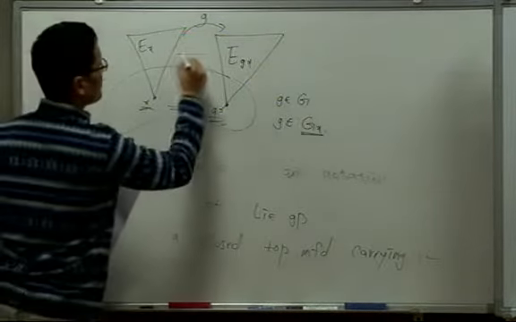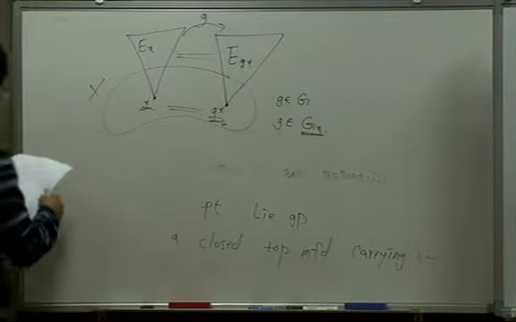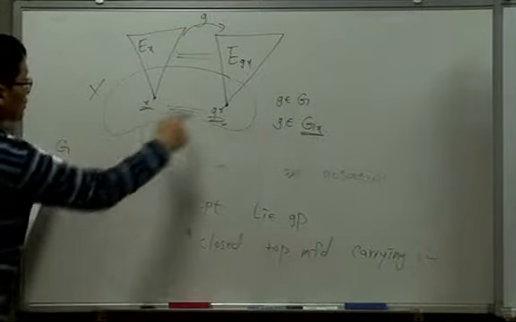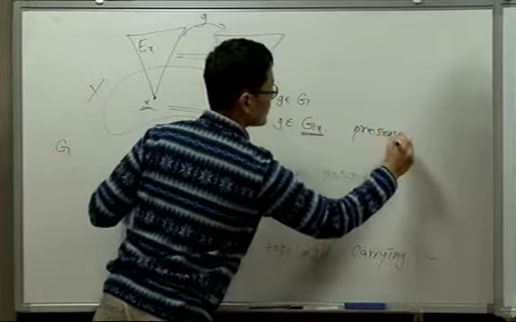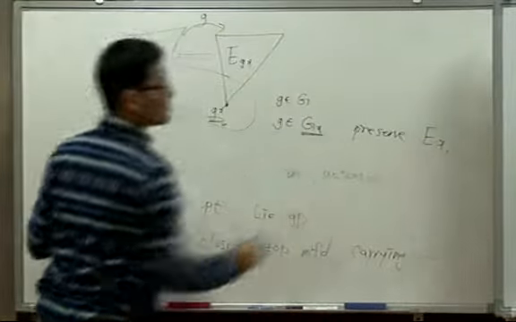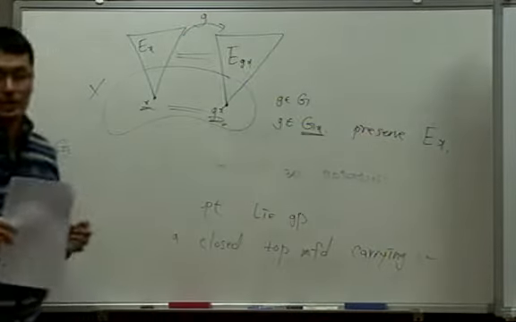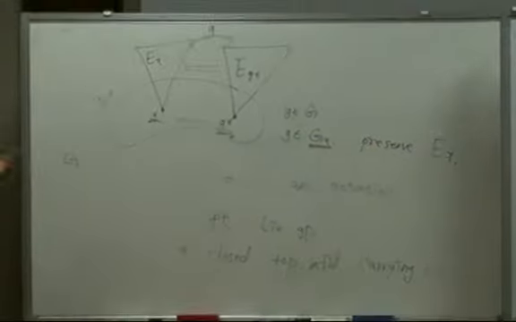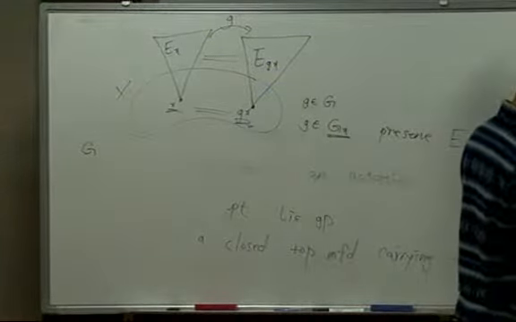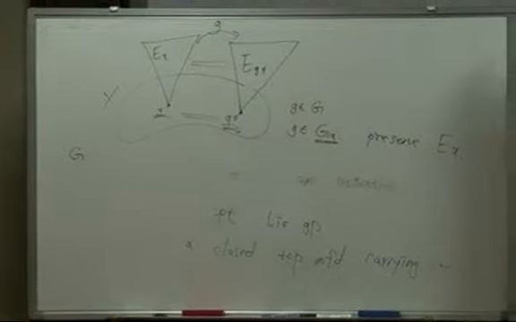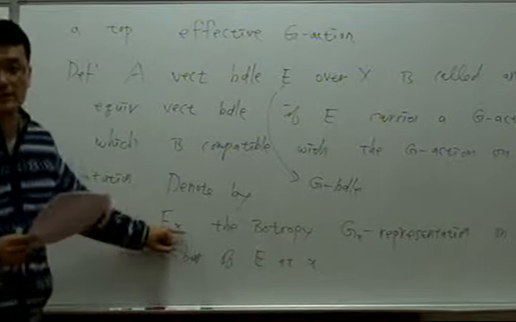So these two fibers are equal. So G_x preserves E_x, and E_x becomes a G_x representation. We call this representation isotropy representation. So we call this isotropy G_x representation by the same notation E_x.